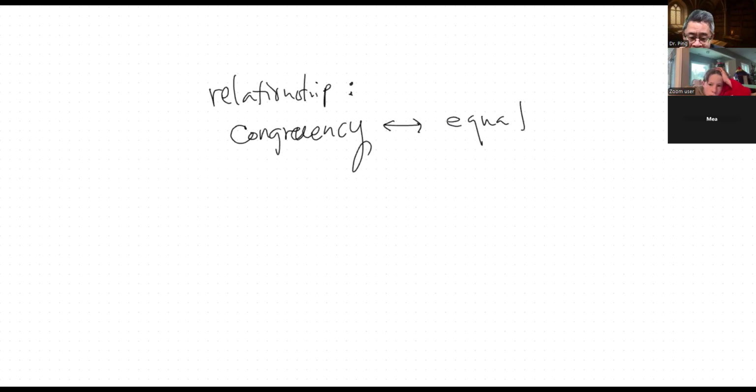That means two shapes, two polygons, or any geometric shapes, that have the same sides, the same area, and the same shape.